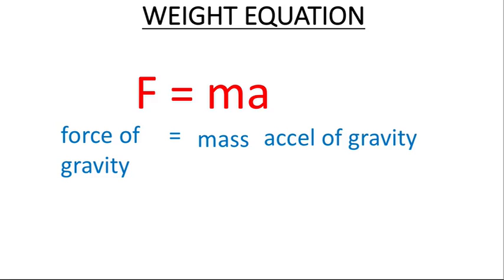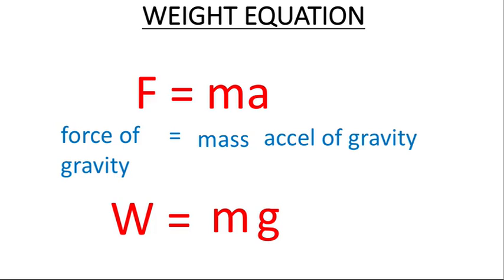Now, we can use different letters to abbreviate these. We learned last time that the force of gravity is abbreviated with the letter W for weight. Mass we're going to keep with the letter M. And then the acceleration of gravity is such an important number that it's given its own abbreviation. We use a lowercase g.